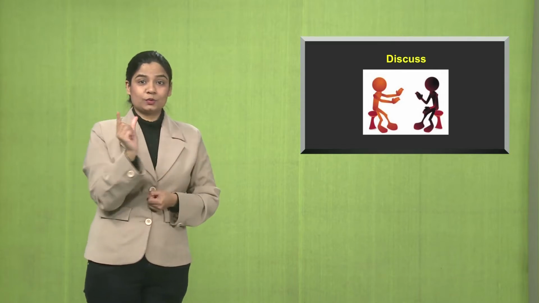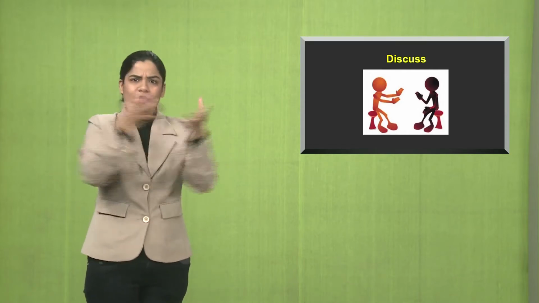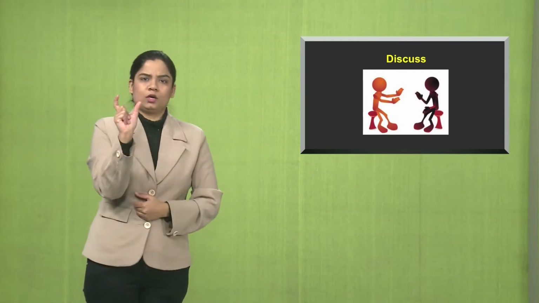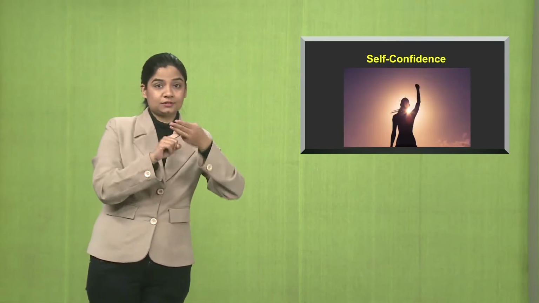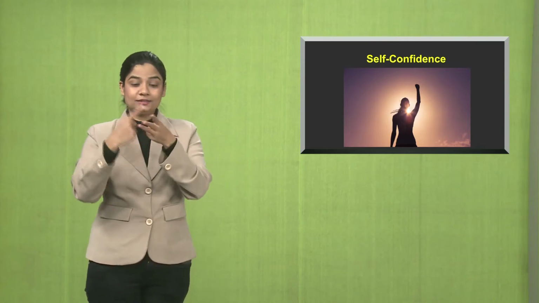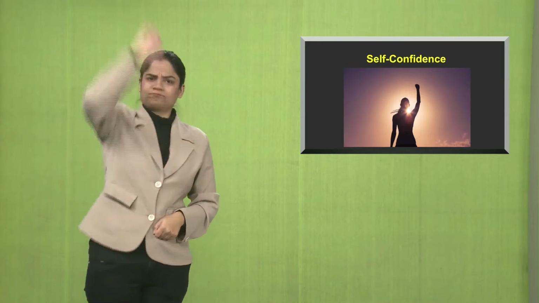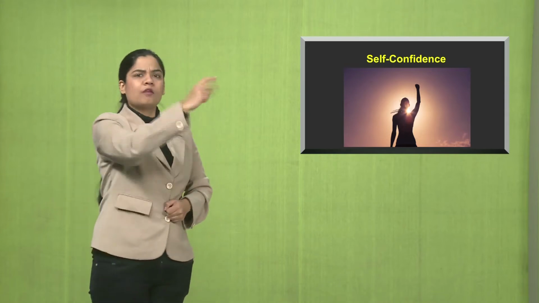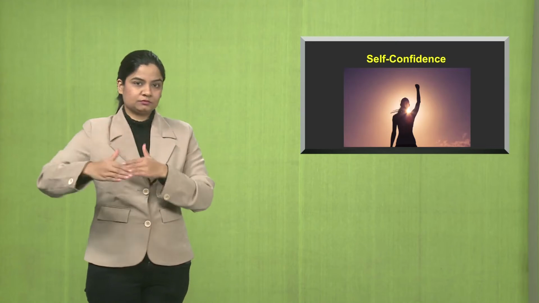Discuss means to talk about something with a person or with people. Self-confidence. A feeling of trust in one's ability, qualities and judgments. Like some people have self-confidence to travel, etc.